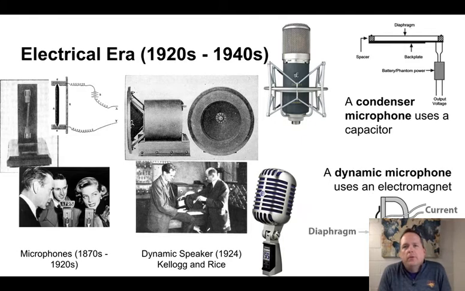Another kind of microphone is a dynamic microphone that uses an electromagnet. Same basic kind of idea. You are going to make something wiggle by the sound waves that come in. And in this case, the thing that's wiggling is the diaphragm that's out in front of this. And inside is an electromagnet. Well, an electromagnet and a permanent magnet. It doesn't matter which one you connect to this, but let's just say the permanent magnet is connected to the diaphragm out front.